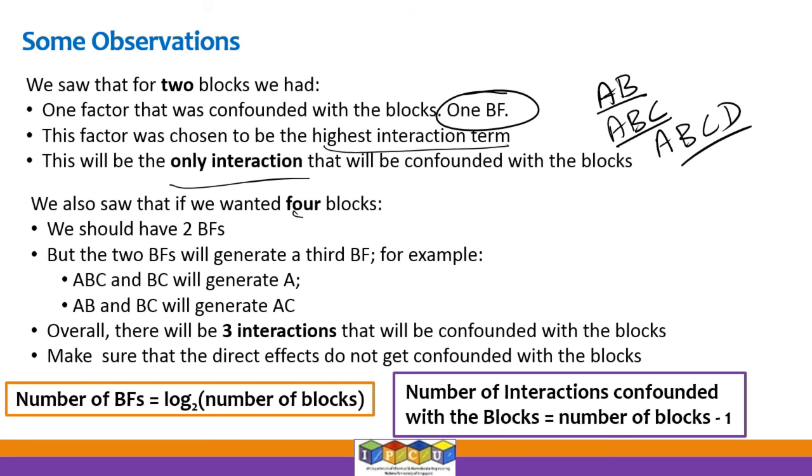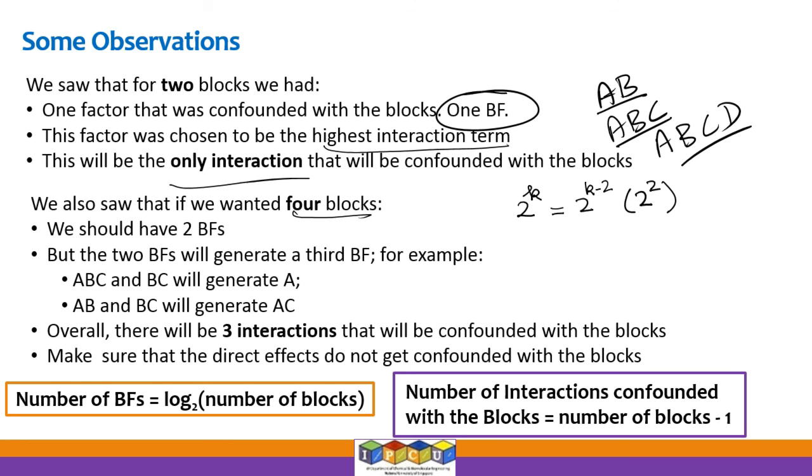So it was easy. Then we went to a slightly complex situation where we wanted to have 4 blocks. That means if you had a 2 to the power of k design, we had to split it into 4 blocks. That means 2 to the power of 2 blocks, and each block would contain 2 to the power of k minus 2 experiments.